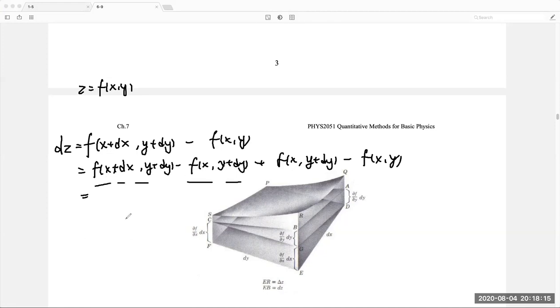For the first part, actually, it is the partial derivative when y equals y plus dy, on dx. The second part is a partial derivative with respect to y, dy here. So when dy and dx tend to 0, then they will give you this form.